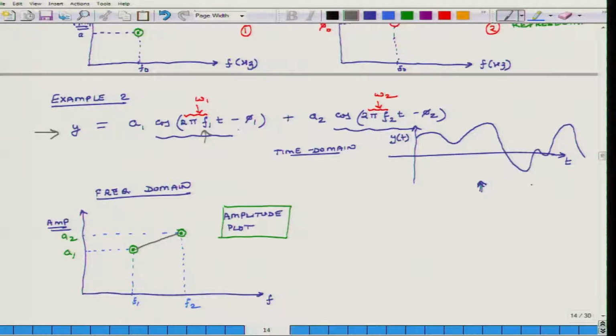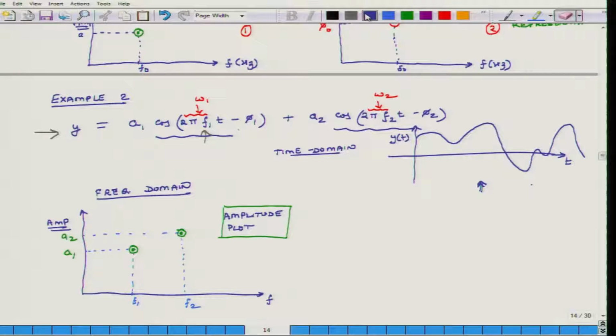So, this type of a curve will have a discrete number of points, it will not be a continuous curve. These 2 points can be very close or very far depending on the distance between f1 and f2, but the space between them will not be connected by a line.